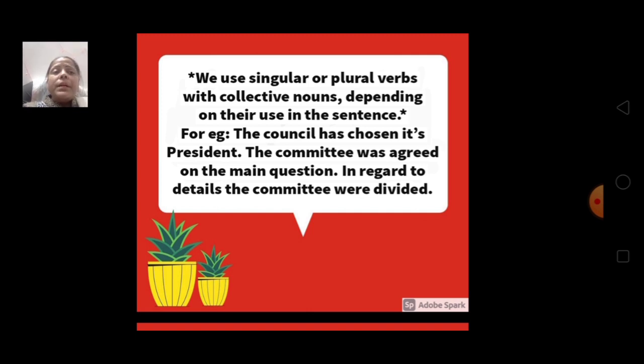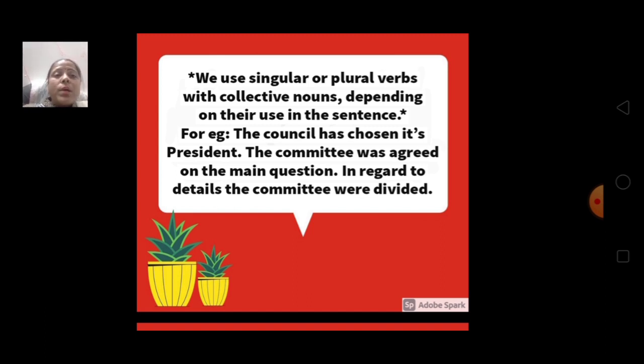For example, the council has chosen its president. Here, for the collective noun council, we have used a singular verb because the council is used as one team, a council of some members, those who have chosen their president collectively. So that's why we have used a singular verb.